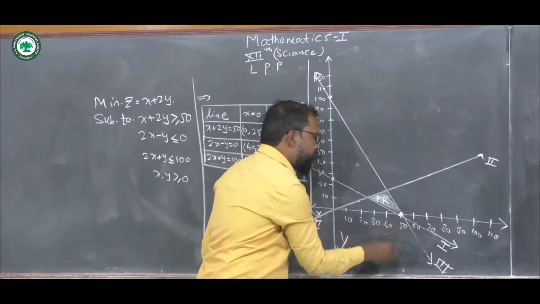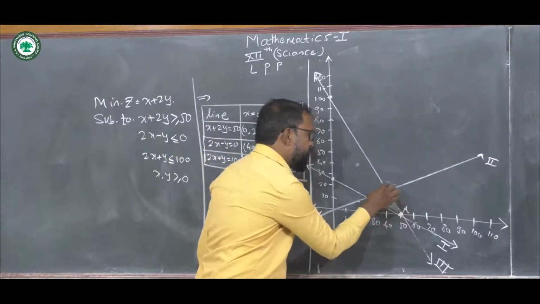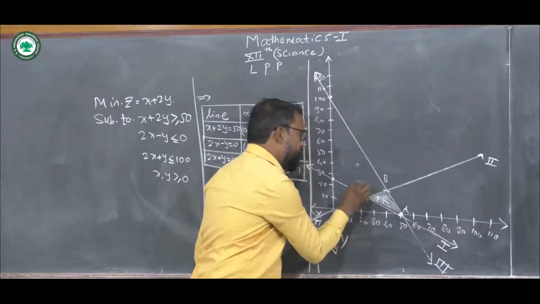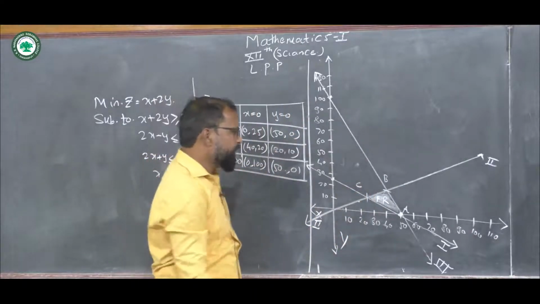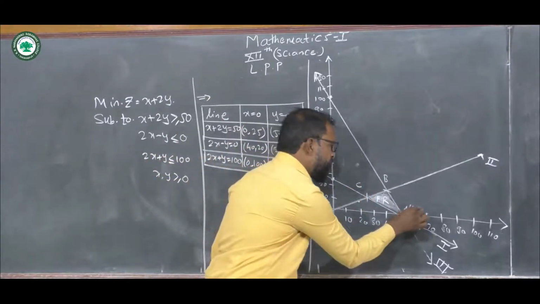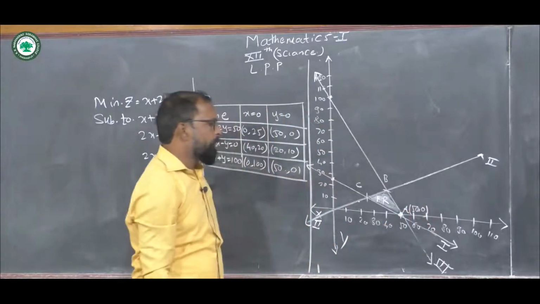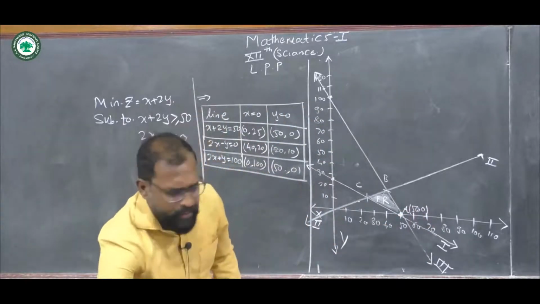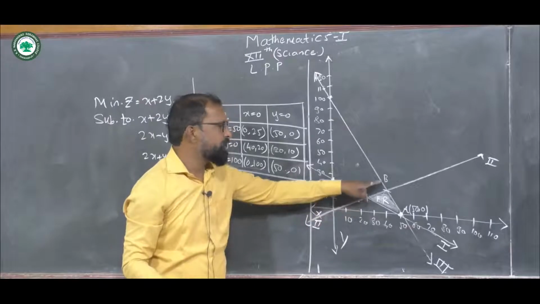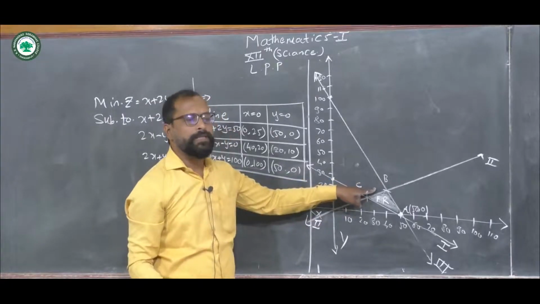Now suppose this point is A, this is B, and this is C. This point A is (50, 0). These points B and C are the intersections of different lines.